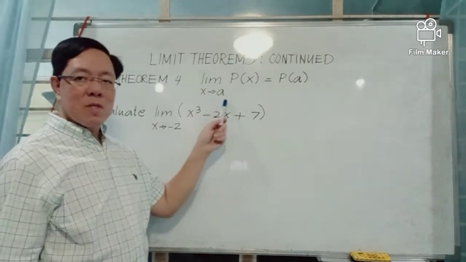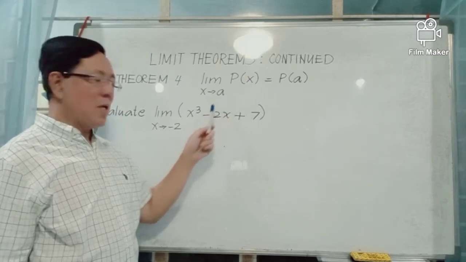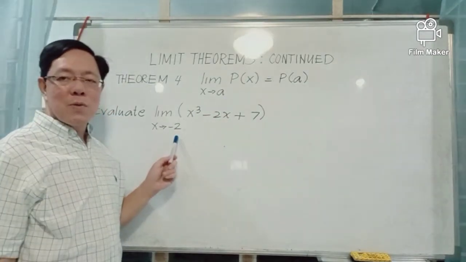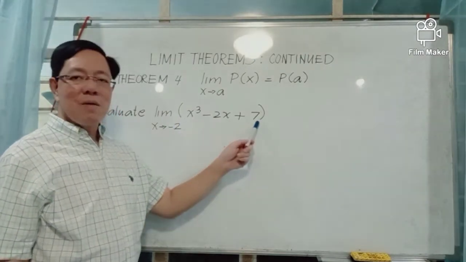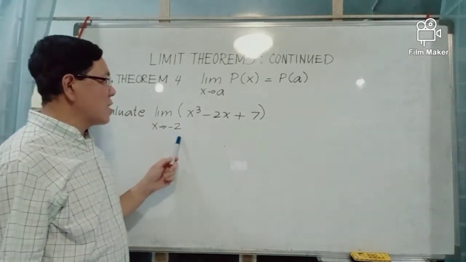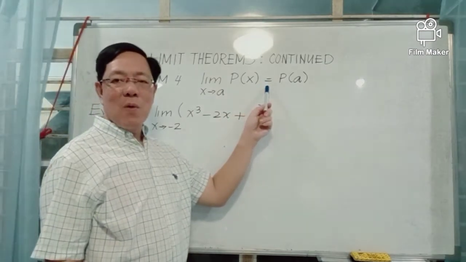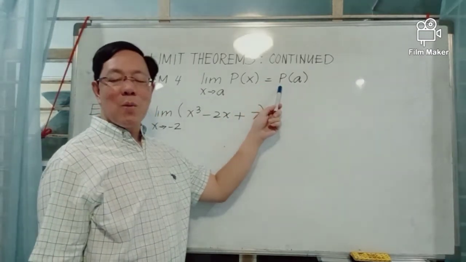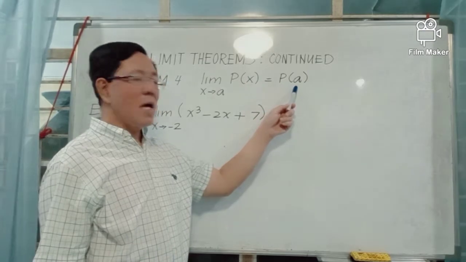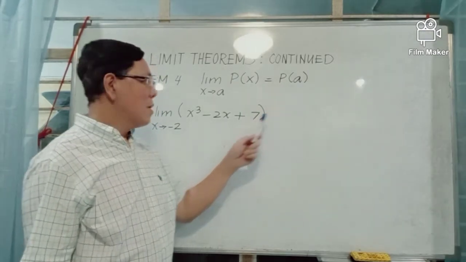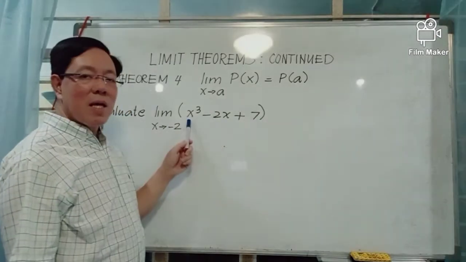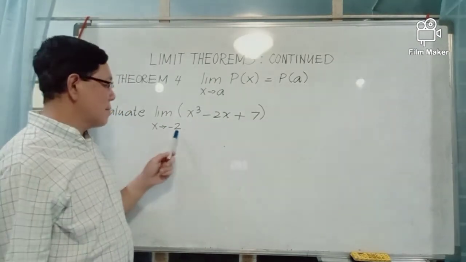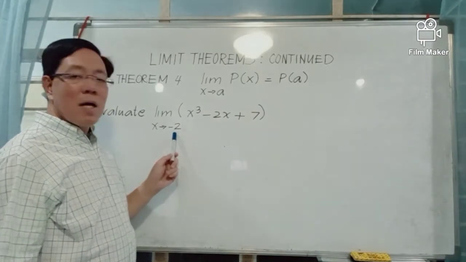And x approaches a in theorem 4 is now equal to negative 2. And to evaluate the limit of this cubic function as x approaches negative 2, limit theorem 4 says that you simply evaluate the polynomial function at x equals a, which means that in this cubic expression you replace x with negative 2. And we do that.